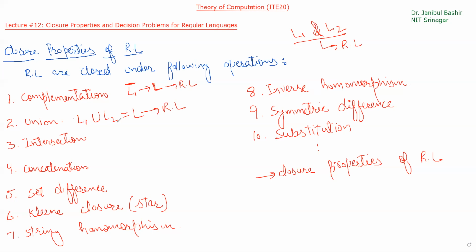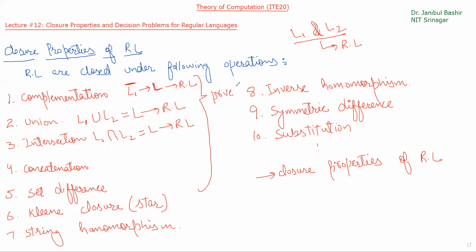Intersection is also a closure property. That means if I do intersection of two regular languages, the new language that I will get will also be a regular language. Okay, and likewise concatenation, set difference, Kleene closure, string homomorphism, inverse homomorphism, symmetric difference, and substitution. These are the closure properties of regular languages. Okay, but we have to prove these operations.